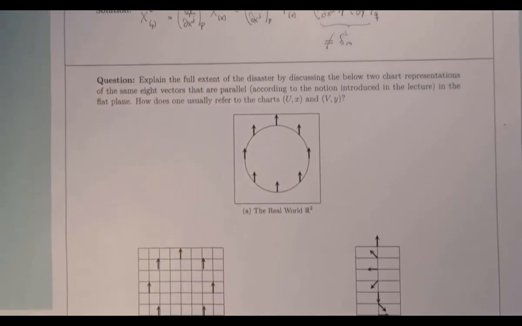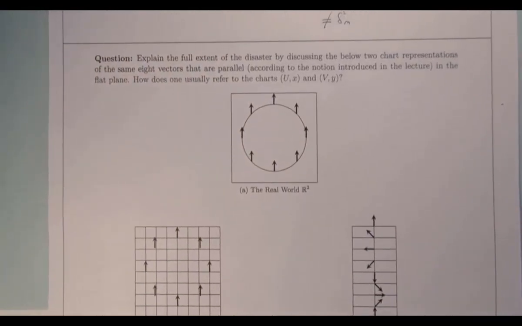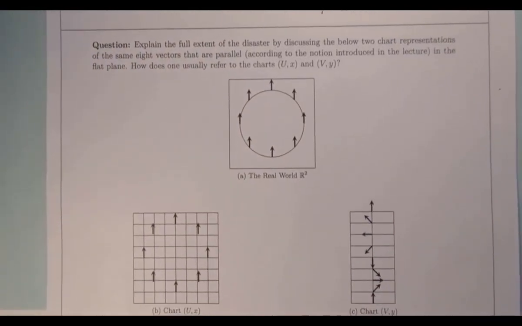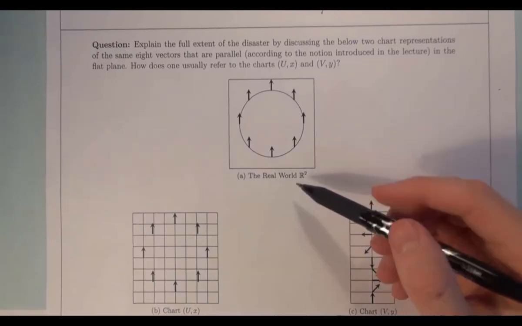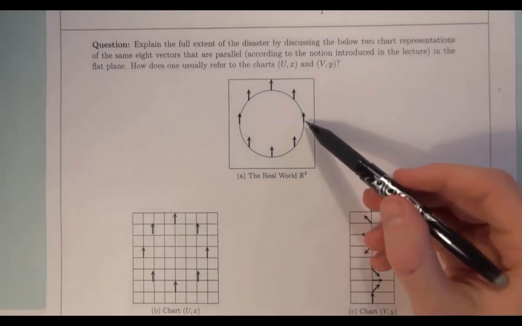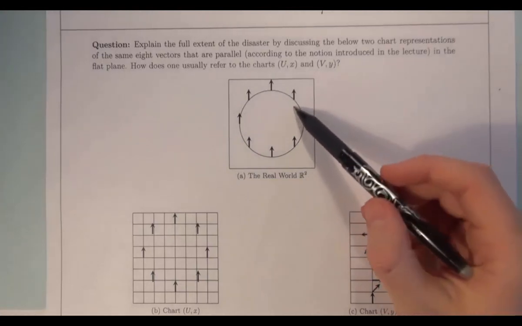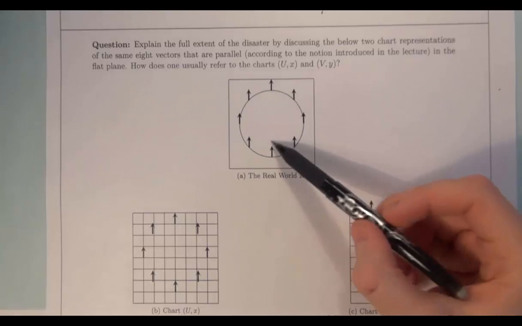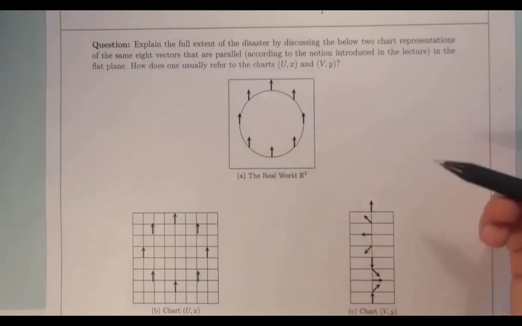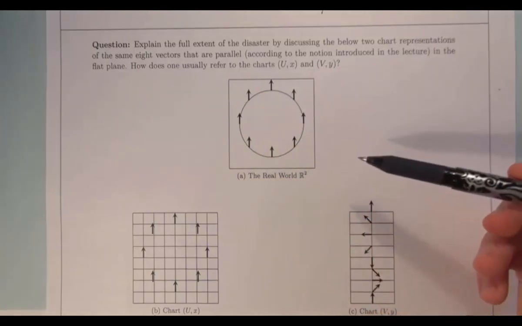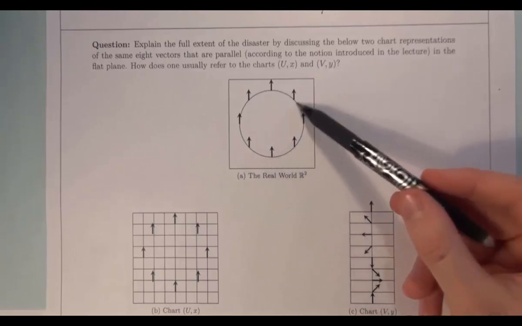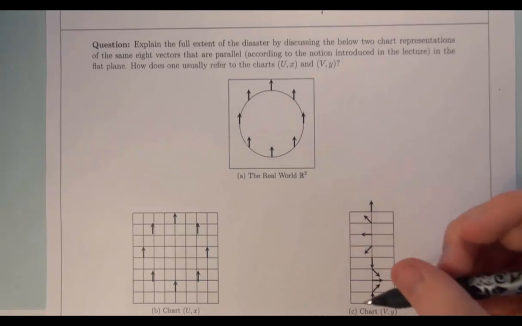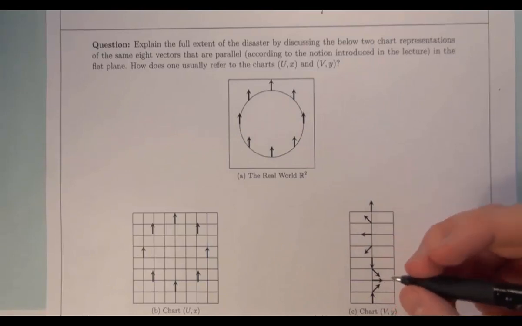We now look at an example for this. So we take the real world R2, and we have a set of 8 vectors here. In the real world, of course, we see, okay, they're parallel. So we know what R2 is, and we know that these vectors are all parallel, also in the sense we defined it in the lecture.